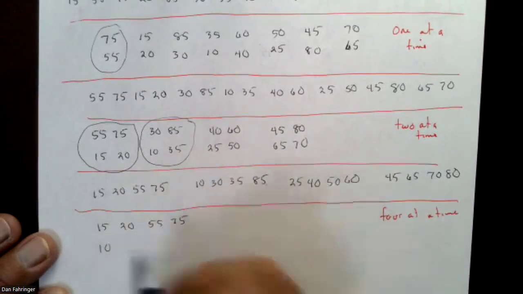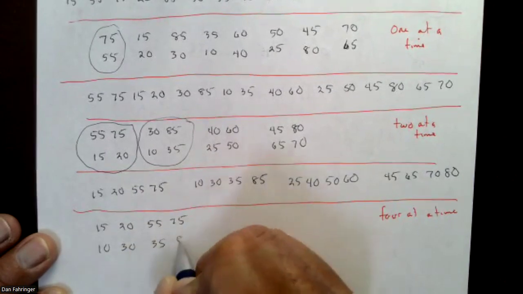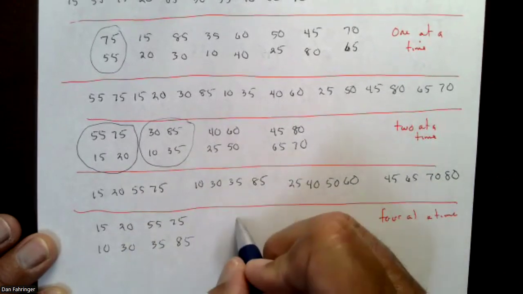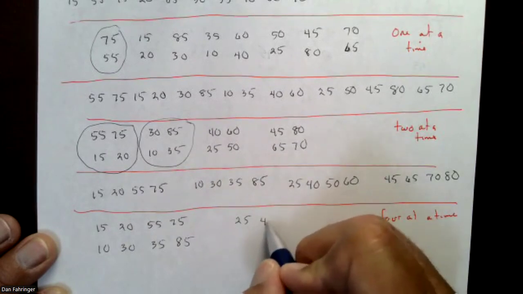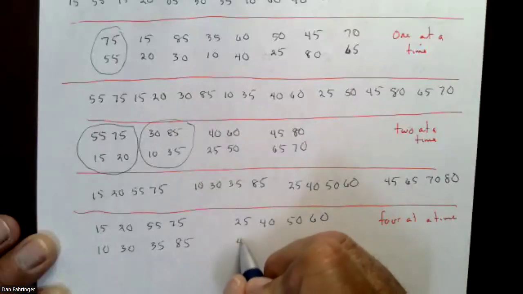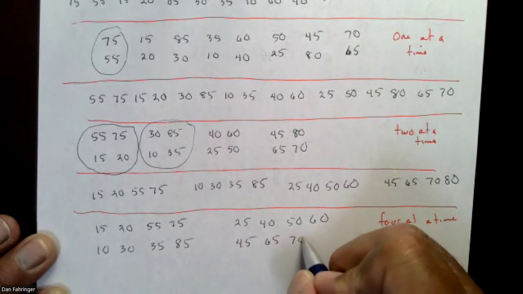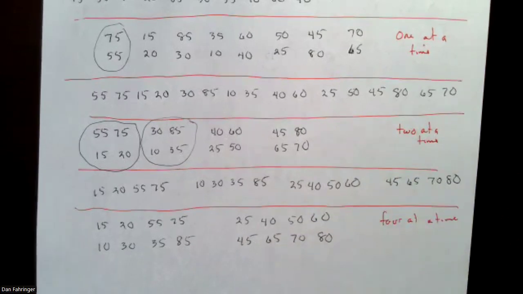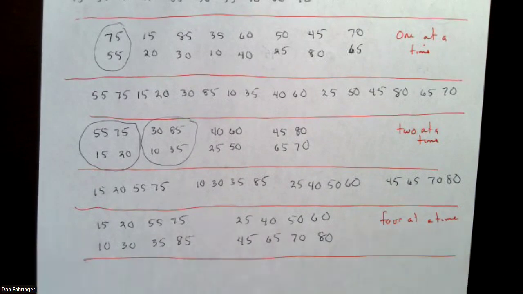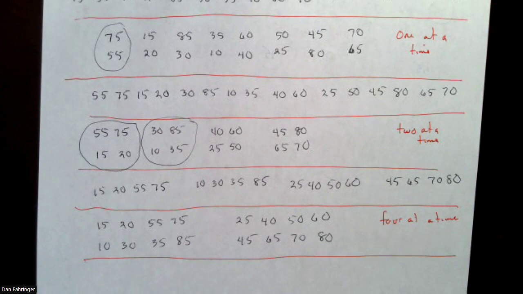Four numbers in my second array: 10, 30, 35, 85, 25, 40, 50, 60, 45, 65, 70, and 80. One list of two, one list of two, one list of two.